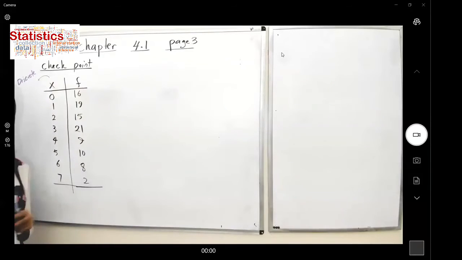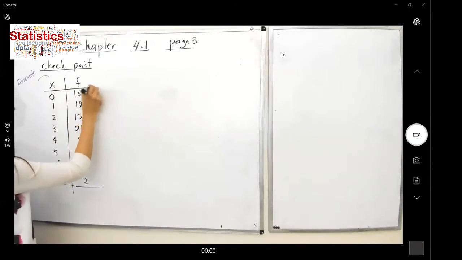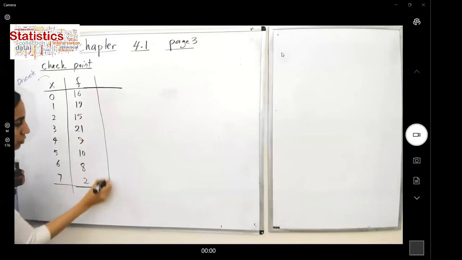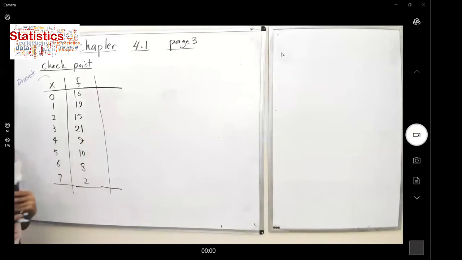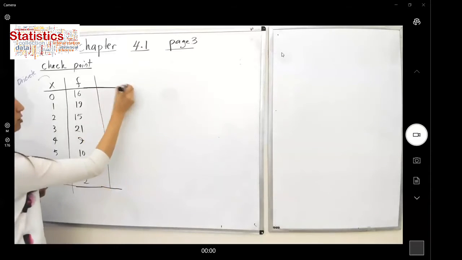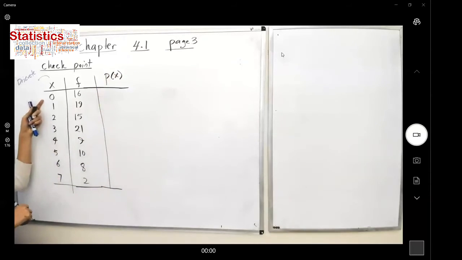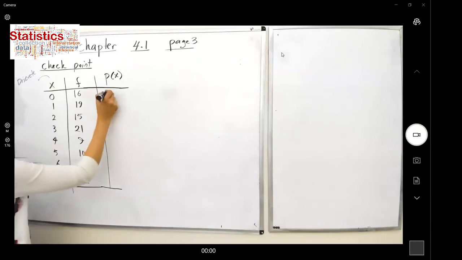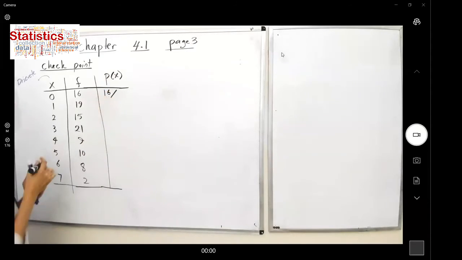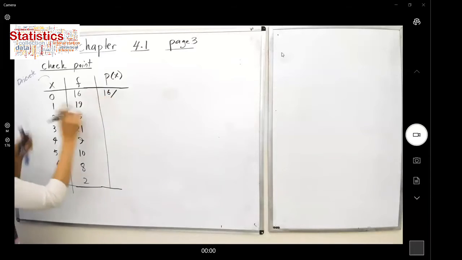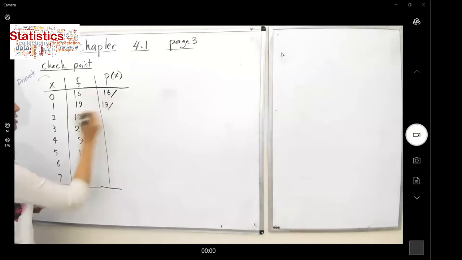Okay, to find the probability for each of these X values, we have to do a little bit of algebra. P of X equal to 0, no sale, is 16 divided by. P of X equals 1 is 19 divided by.